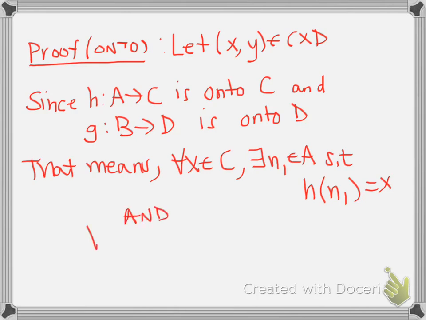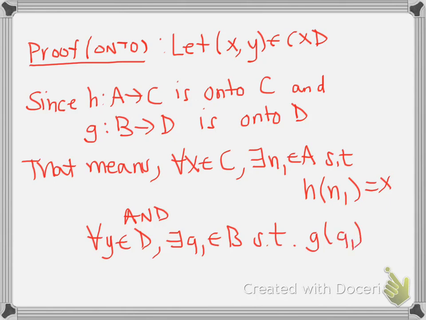And for all Y in D, there exists a Q sub 1 in B, such that, and I really could have used different letters, so hopefully the subscripts aren't confusing, such that G of Q sub 1 equals Y. Okay. All right, so go back over that if you don't understand what I just did.